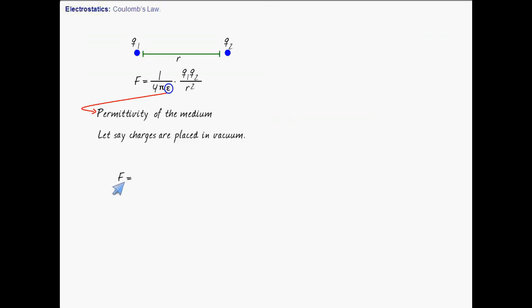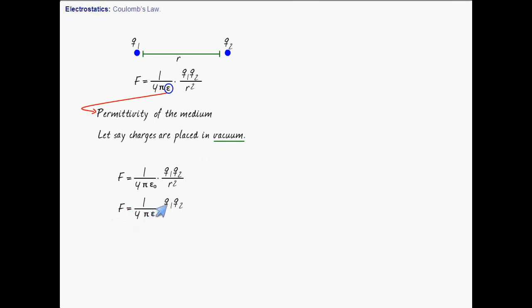If the charges are placed in any other medium, then the force will be given by 1 upon 4 pi epsilon of that medium into Q1 Q2 by R square. Now we may define relative permittivity.